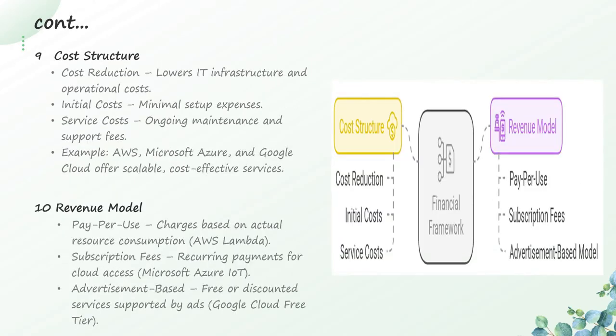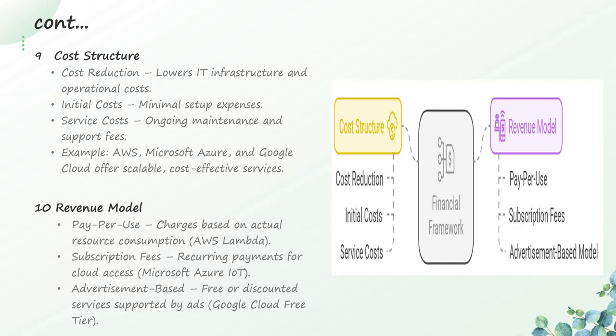Next is cost structure. Here it is a financial framework that determines how costs are managed in a cloud-based industrial IoT system. The key components are the cost reduction, which eliminates the need for heavy IT infrastructure investments and reduces the operational cost.